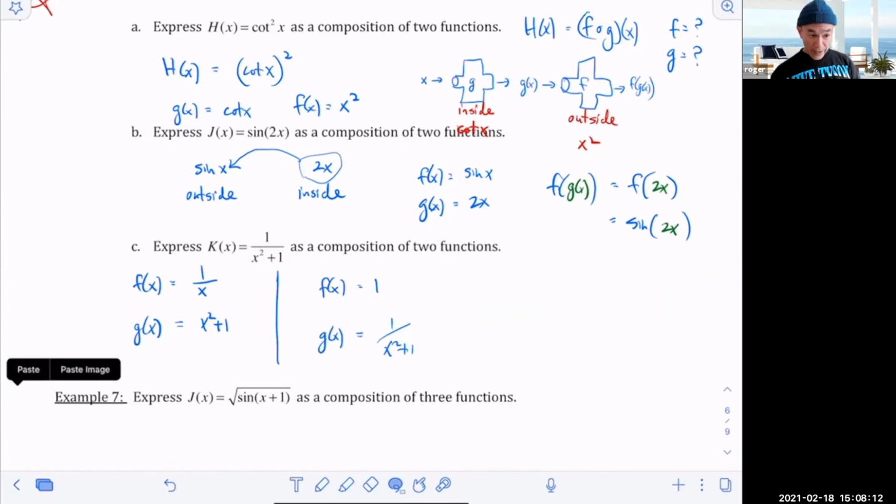There were a couple of other answers. Catherine, I like your answer. Ryan, I wanted to make a comment about your answer. f of x equal to x is not an interesting function. If you allow that to be a function, then everything can be a composition of two functions.